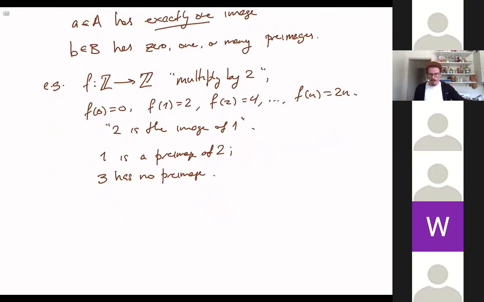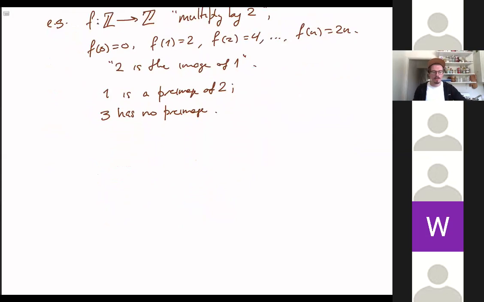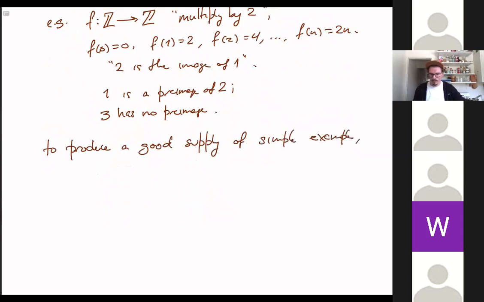Okay, so before we do a couple more examples of this kind of thing, here is a really good way to write down examples. To produce a good supply of simple examples, think about functions between finite sets, which means a set that has finitely many elements.